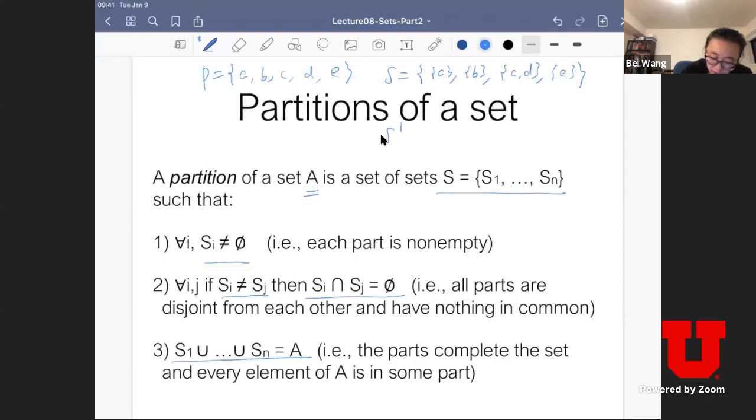However, S prime, which has an empty set in it, is not a partition because it does not satisfy the first condition. You will see a few proofs that use the properties of a partition. Either you prove something forms a partition or something does not form a partition.